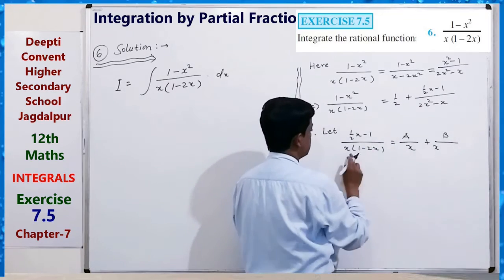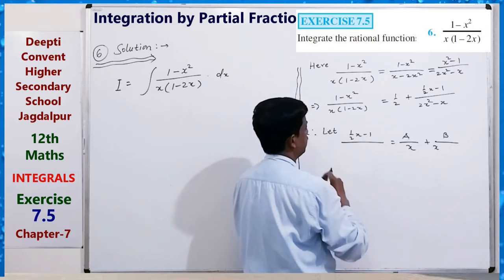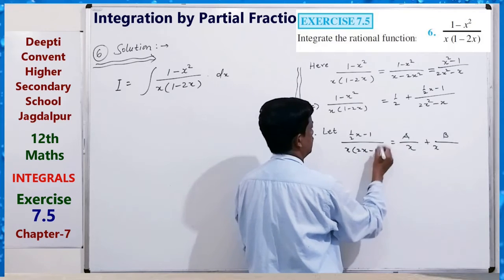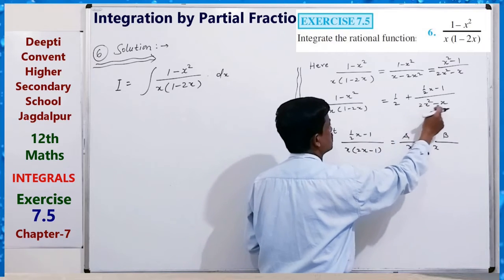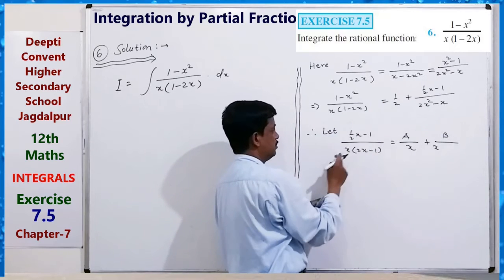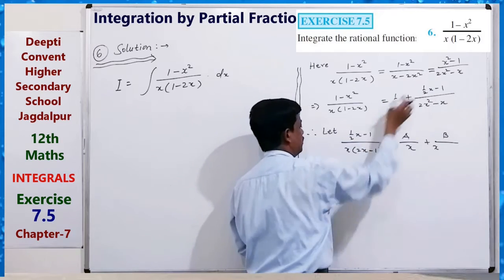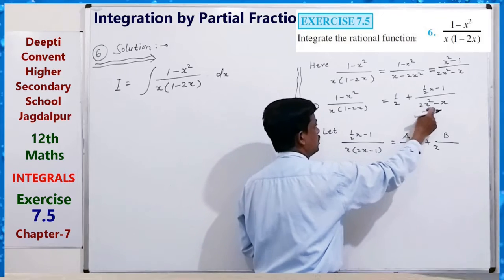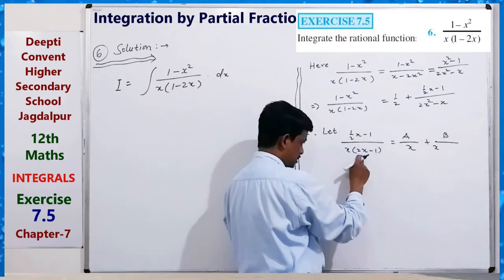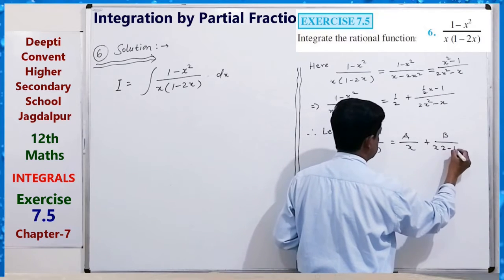This upon this, that is x(2x minus 1) here. x is common, then 2x minus 1, this factor. Okay, this equals the linear factor upon x(2x minus 1) equals A upon the first factor plus B upon the second factor, 2x minus 1.